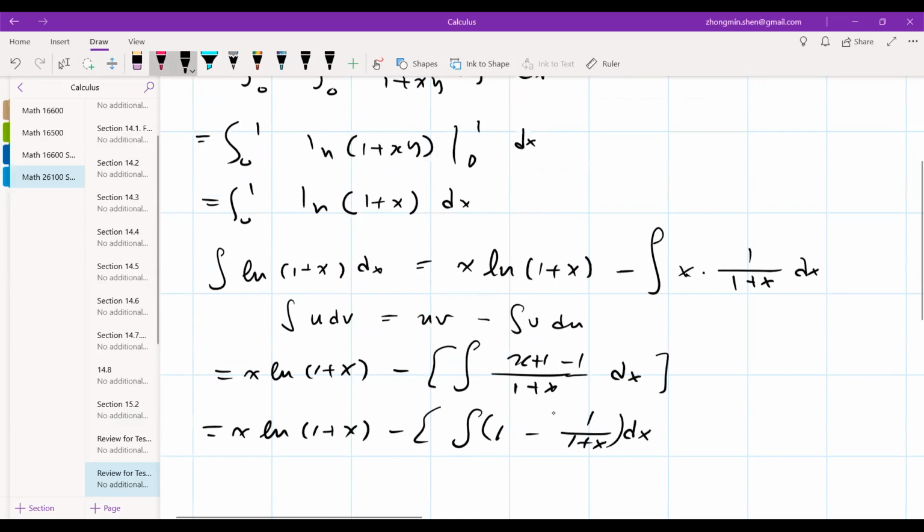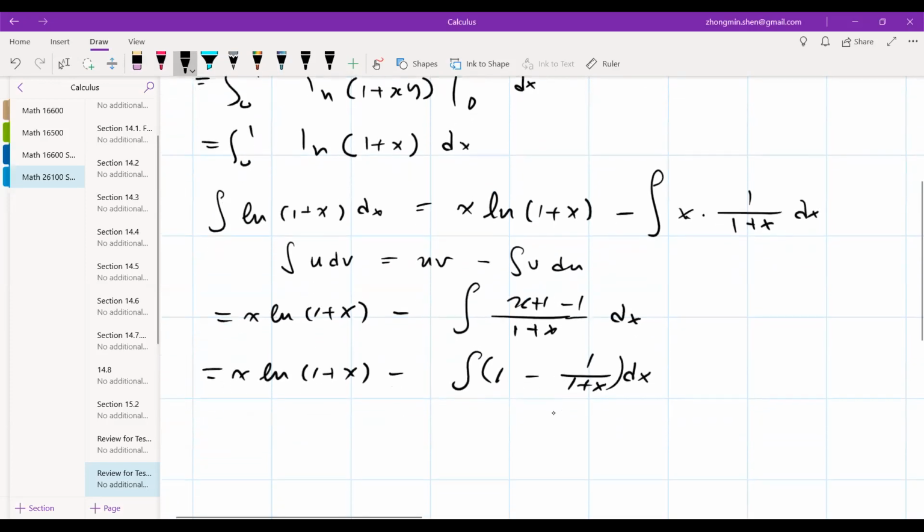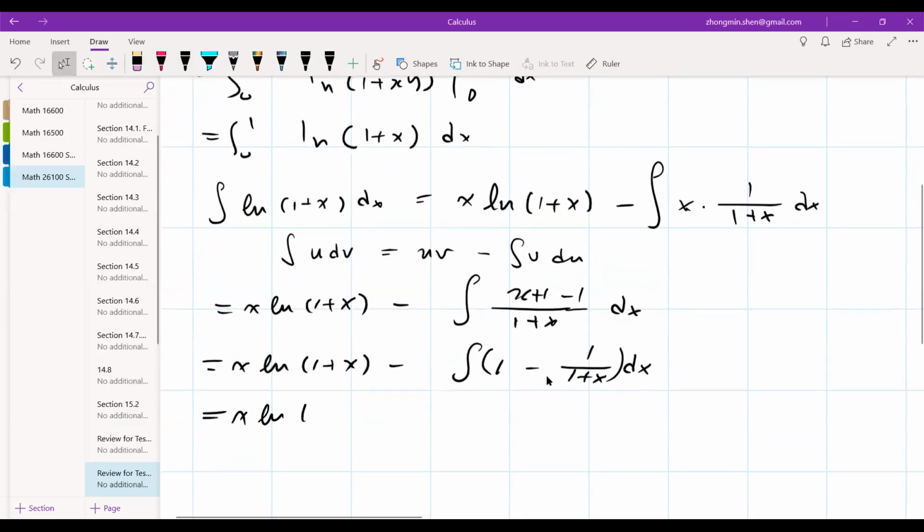I don't need to use a parenthesis. So the first term will be x. The second term will be natural log of 1 plus x, plus a constant.